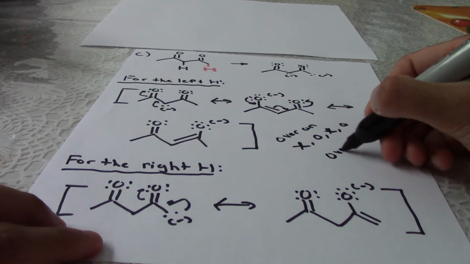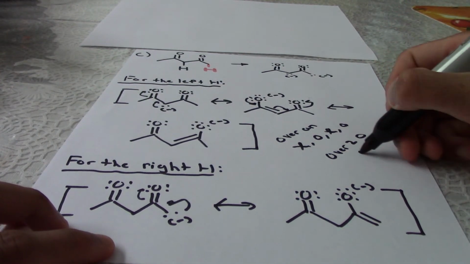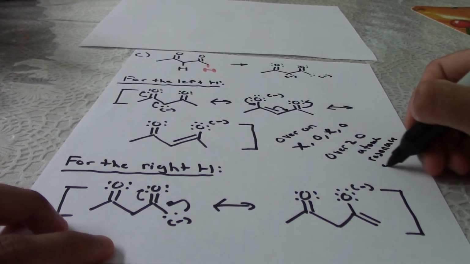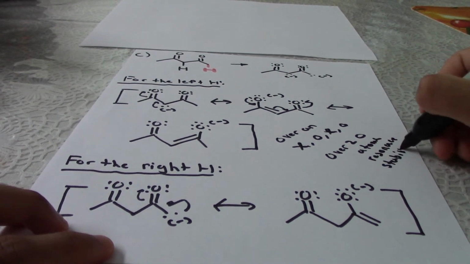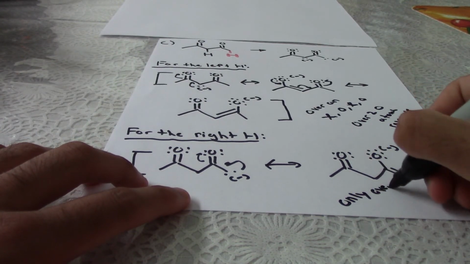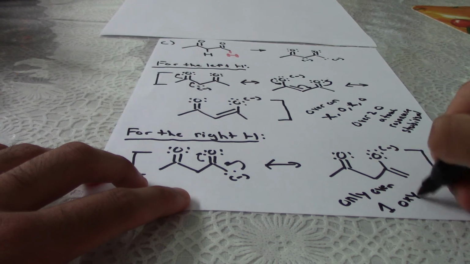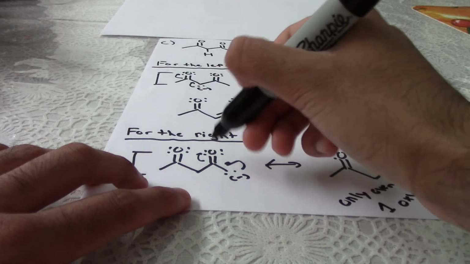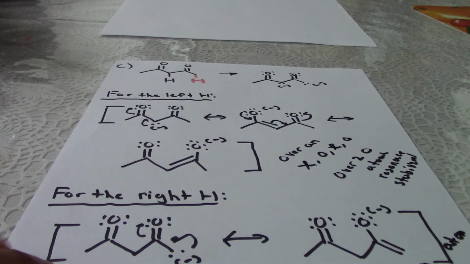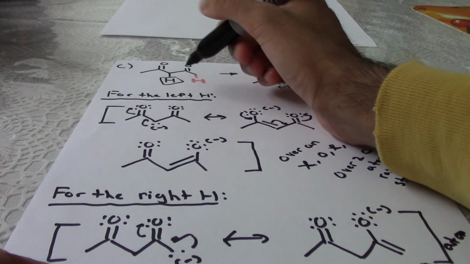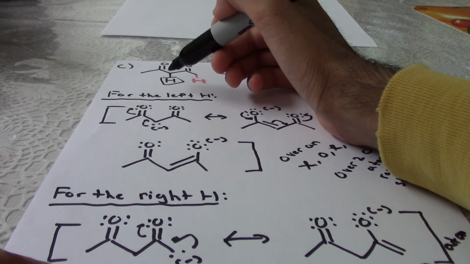So over two oxygen atoms, resonance stabilized. And in this case, it's only over one oxygen atom, which is right over there. So this is more acidic than this, mainly because it's resonance stabilized over two oxygen atoms and not one.